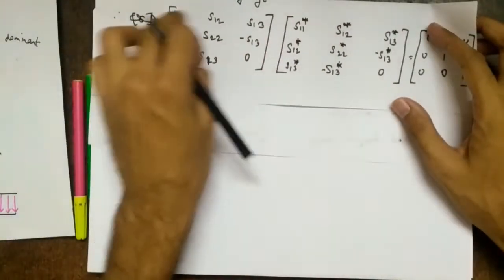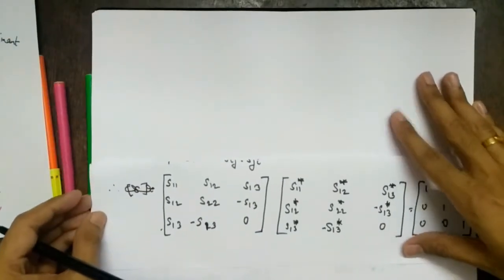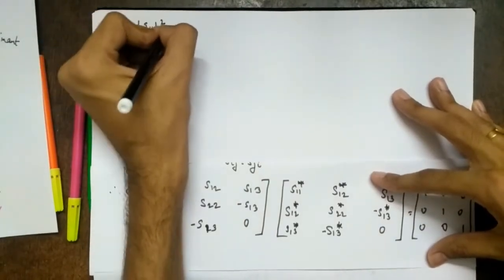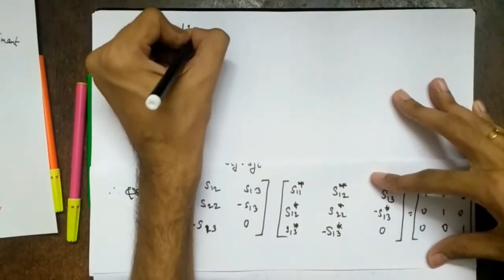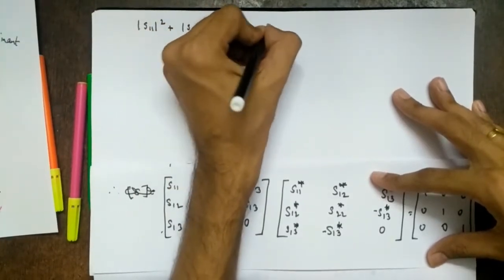So what equations can I write from this? First I can write R1C1, R2C2, R3C3. So what we'll get directly is: mod S11 square plus mod S12 square plus mod S13 square equal to 1.